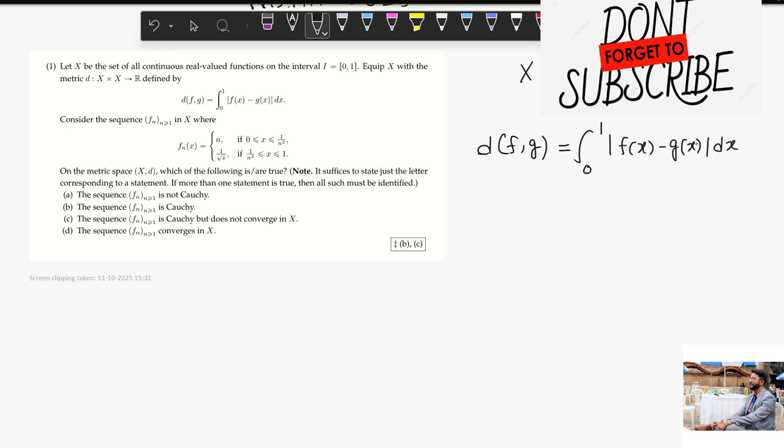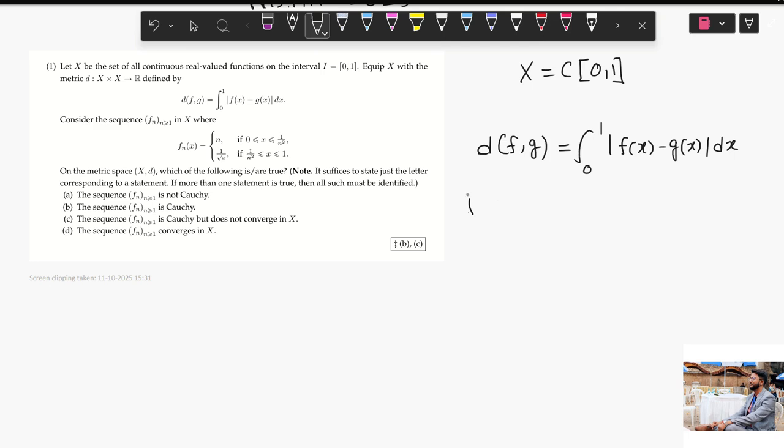This is the metric, and they have given us a sequence f_n(x) equal to n when 0 is less than or equal to x less than or equal to 1 over n squared, and 1 by root x when 1 by n squared is less than or equal to x less than or equal to 1.